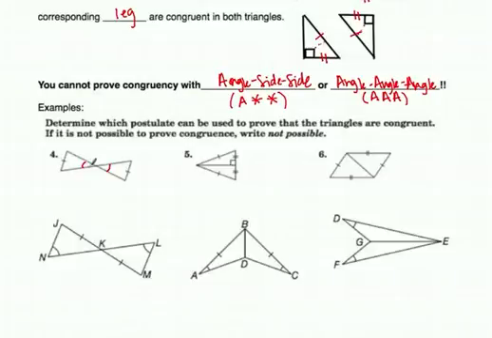So because I only have information about one side and one angle for each triangle, then for this one I'm going to write not possible, because I want to have information about three things always. So you're looking for three pieces of information.